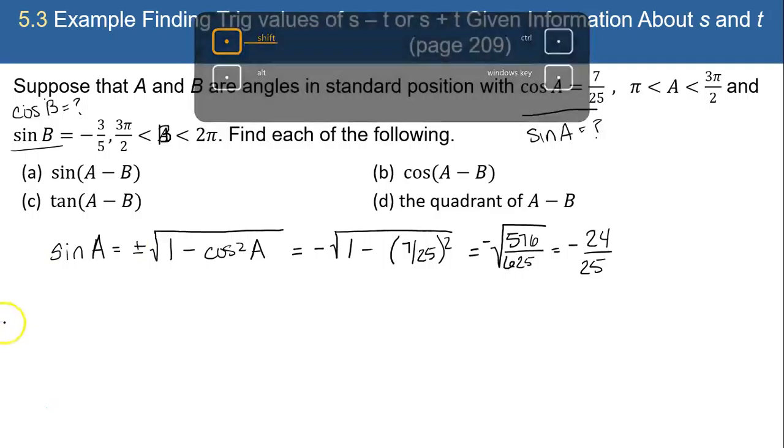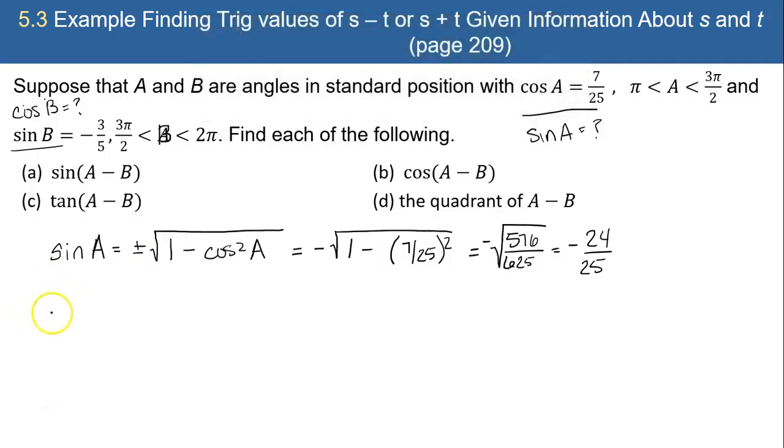Now let's go ahead and find cosine of B. Again, I'm going to write that Pythagorean identity out in a different way than you've seen it before, but never actually used it in this manner. Get my angles confused. There. So now to find cosine of B, let's use this Pythagorean identity.